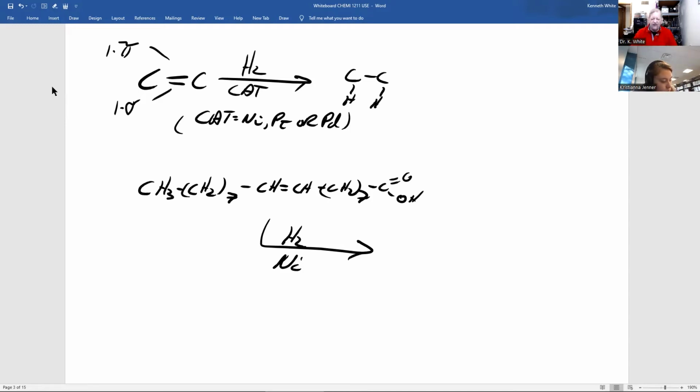Now, I will tell you the carboxylic acid will not, under these conditions, react with hydrogen in the nickel catalyst. So it's your turn. And give me a thumbs up when you're done. And I'll give you a hint. Don't break carbon-carbon single bonds.